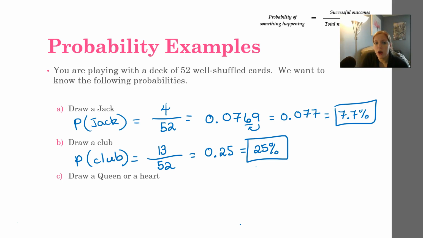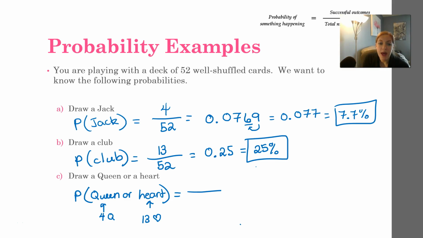How about drawing a queen or a heart? Now, this is a little trickier, okay? Now, we know that there are 4 queens in the deck, 1 of each suit. And there are 13 hearts in the total suit, right? Ace through king.